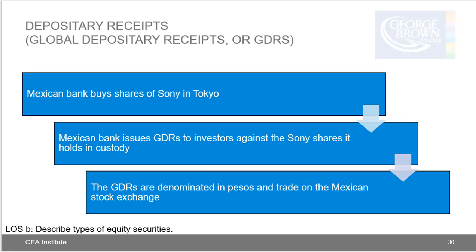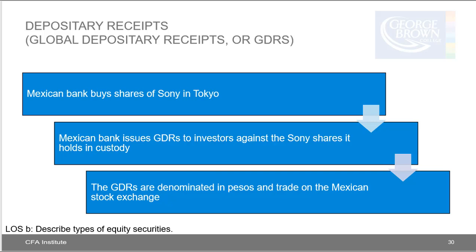The GDRs issued by the custodian bank are listed on the Mexican Stock Exchange for trading. In essence, the Sony GDRs trade like a stock of a domestic company on the Mexican Stock Exchange in the local currency, the Mexican peso. GDRs, like the shares they are based on, have no maturity date. They have an infinite life, so that's important to understand. Not like warrants that have an expiry date or convertible bonds that have a maturity date.